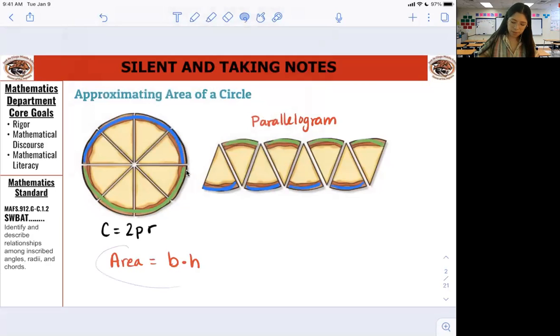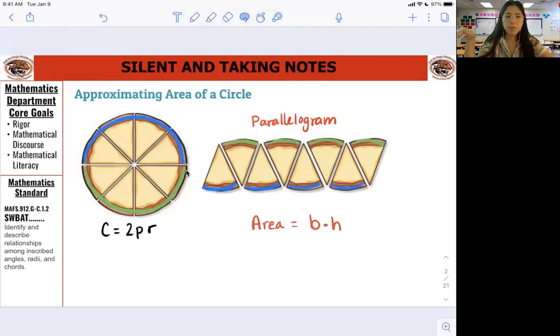Well, let me just move this over. If I only have half of the circle, so just the blue part of the circle, what would I need to do to the circumference? Why did I put p? That should be a pi. We would divide it by 2, right?